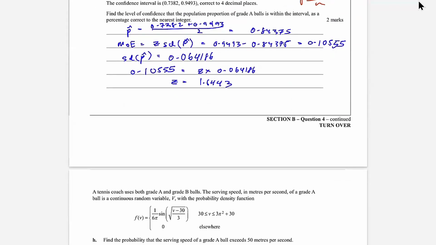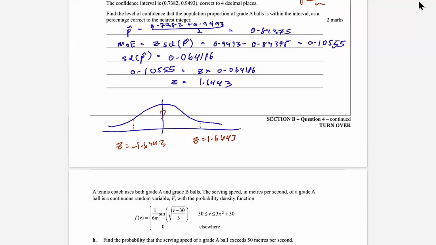And that's going to give you that z is 1.6443. So what that means is, for our standard normal, we have our z is 1.6443. And here we're going to have the negative of that value.